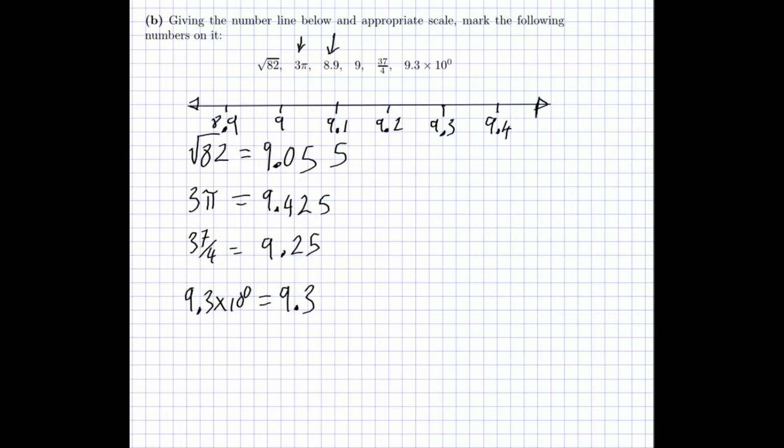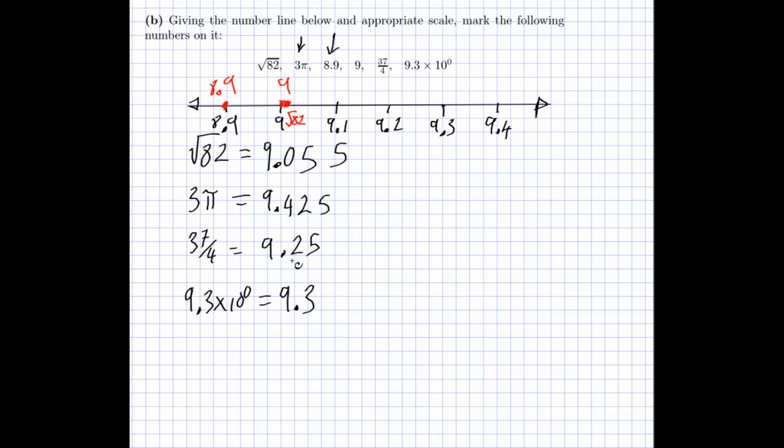So where are all these numbers on this list? Well, we can use the decimal representations that we already have. The 8.9 is already there, so I'm going to just mark that down in red, 8.9. The 9 is already there as well, so there's 9. The next one in our list is 9.055, the root 82, so that's going to be pretty close to 9 there. So there's root 82.